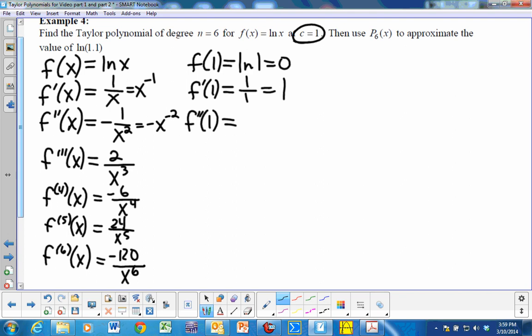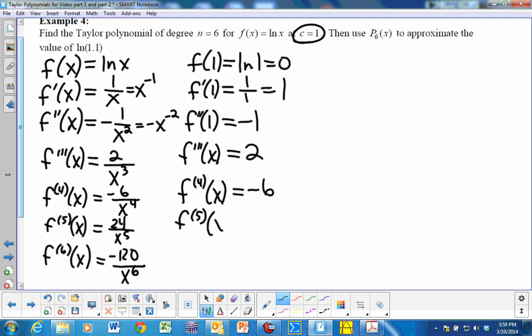You plug in a 1, so you're going to get negative 1. Third derivative, plug in 1 for x, and so you're going to get 2. Fourth derivative, plug in a 1 for x, you'll get negative 6. Fifth derivative, you'll get 24. Sixth derivative, you'll get negative 120.